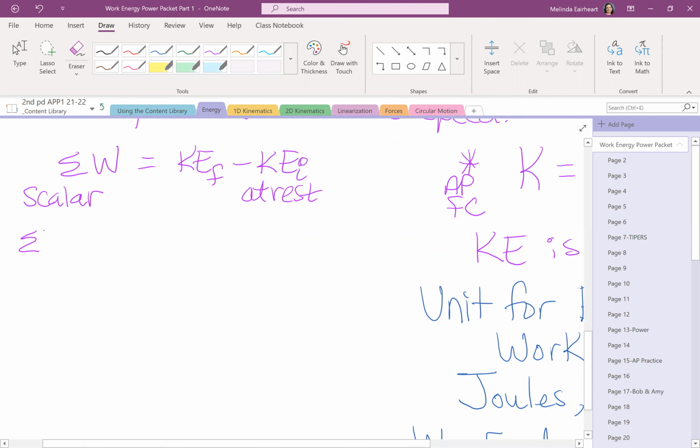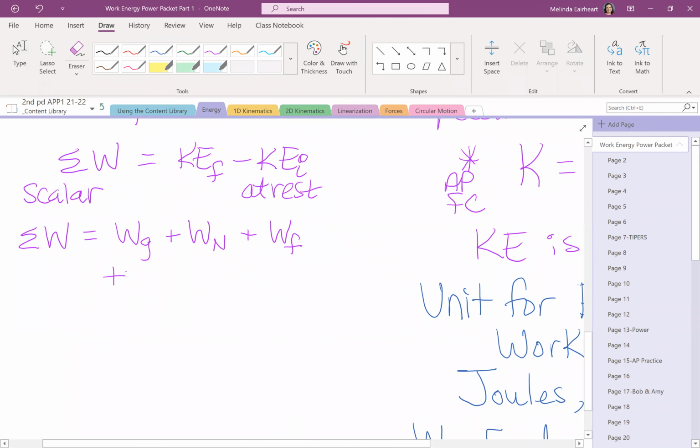So net work is equal to the work done by gravity and the work done by normal. Don't worry, I'll zero it out. Plus the work done by friction. And it's scalar, so it's plus, plus, plus. And so then we can say, well, normal force was 0.